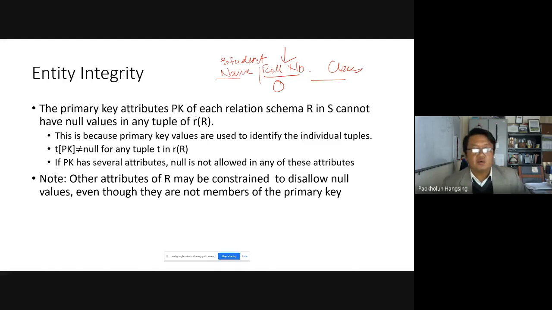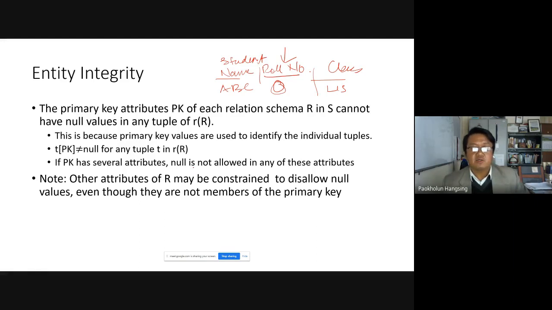Because when you put the primary key value as 0, then that particular tuple or row can no longer be identified. It cannot be uniquely identified, or it cannot be accessed. And if the primary key has several attributes, null is not allowed in any of those attributes. We said in the previous slides that we can have a primary key using the value of multiple attributes.